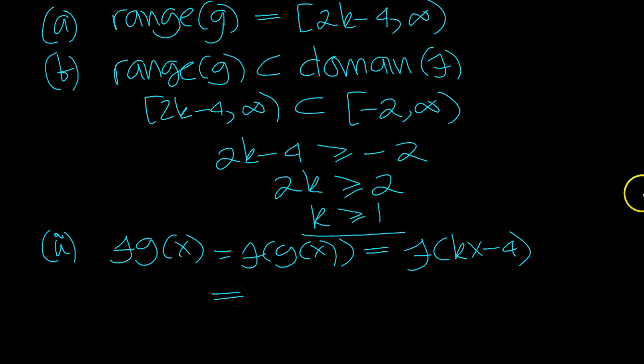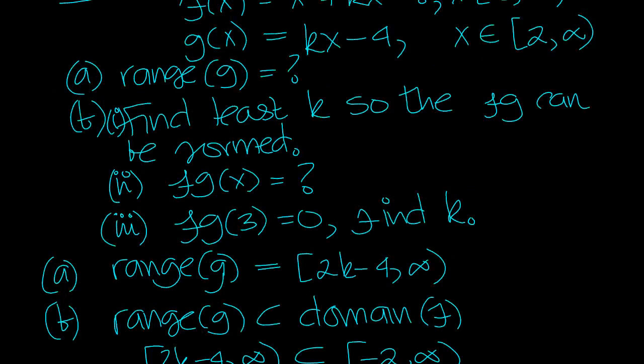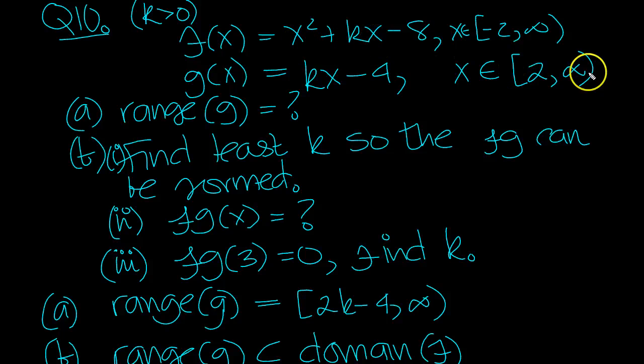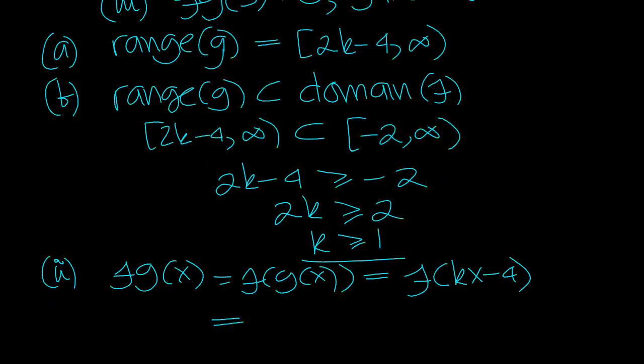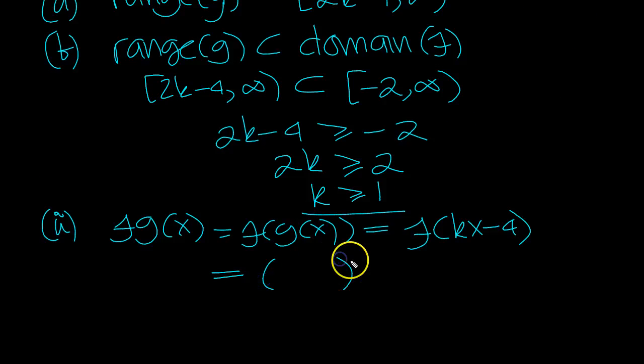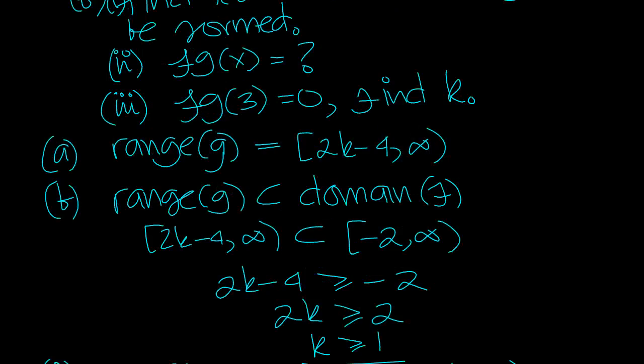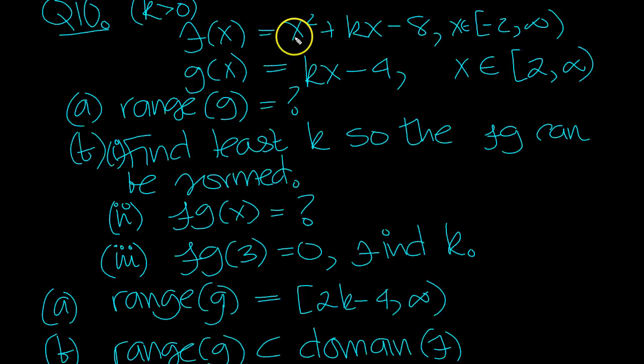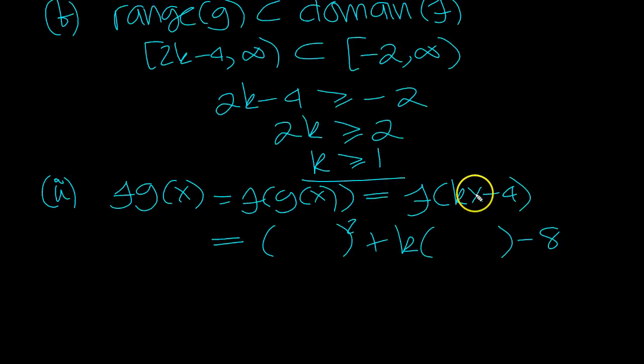And F of kx minus 4. F sends something to something squared plus k times something minus 8. Let's just check that. Something squared, plus k times something, minus 8, and the something in this question is kx minus 4.